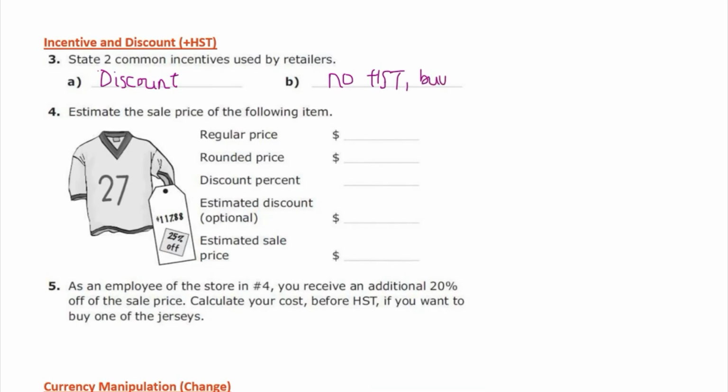So I'll make this as buy one, pay later. So all these here are strategies that retailers use to entice various customers to buy a specific item. So let's look at the mathematics involved in incentives, mainly dealing with discounts.